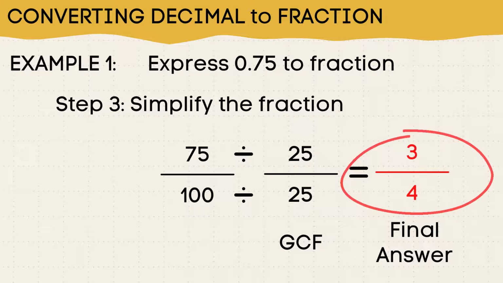Say, for example, for 75 over 100, you can make use of 5 instead of 25 first, and then slowly break down the fraction, if that makes you comfortable. Okay? Just make sure that you are going to arrive at a fraction in lowest term. So let us try another example.